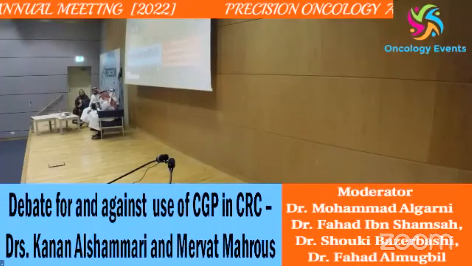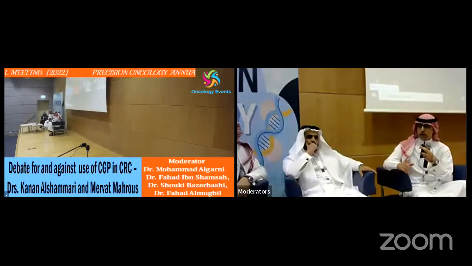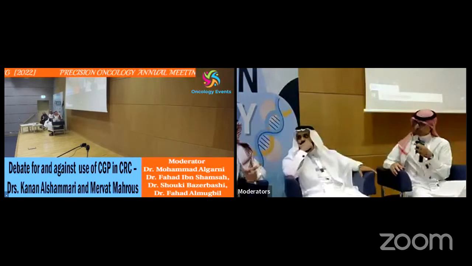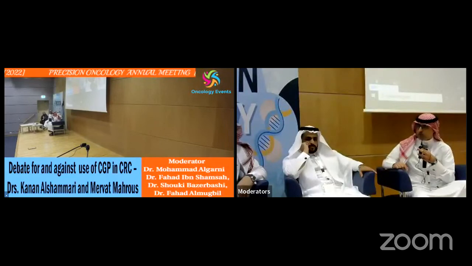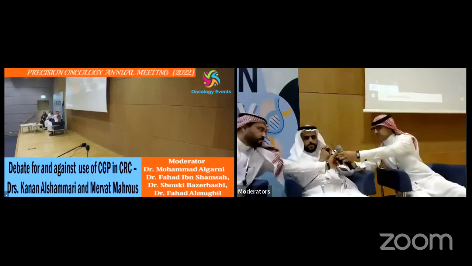Now, anti-EGFR monoclonal antibodies give us great benefit in left-sided tumors that are RAS and BRAF wild type. So I'm not sure if Dr. Shawqi, you are with us. Actually, I'm interested in hearing your comment on the limited pressing panel. And I'll hear Dr. Fahad and Dr. Mervat.